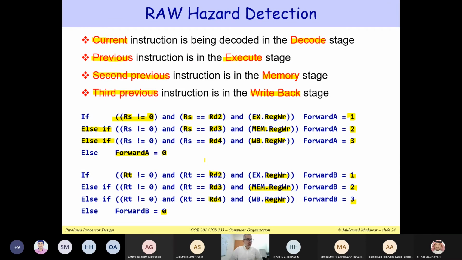So the problem only exists for these last 3 instructions: previous, second previous, and third previous, and this is where we need to do forwarding.